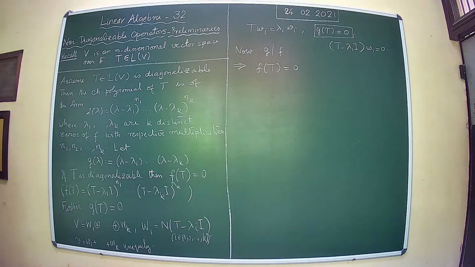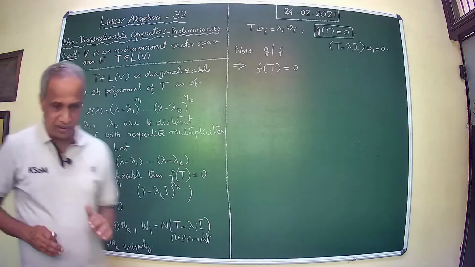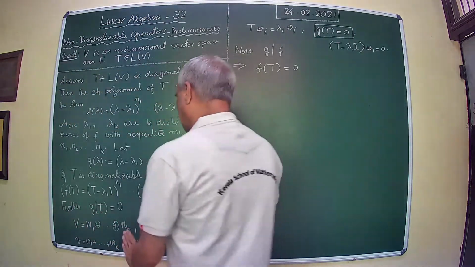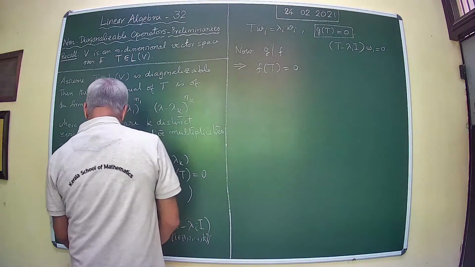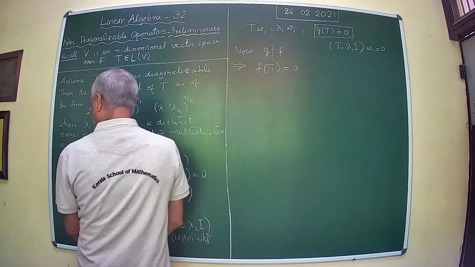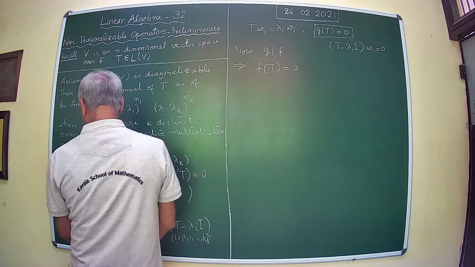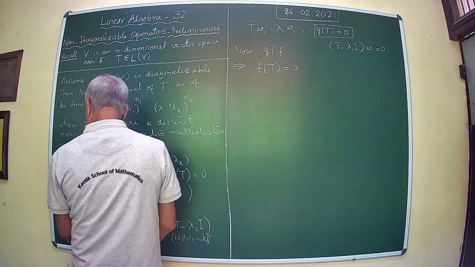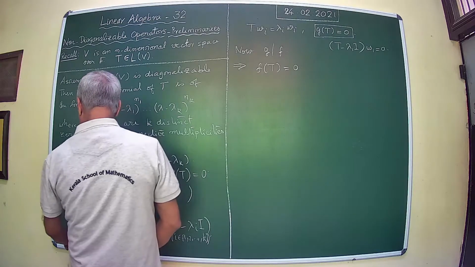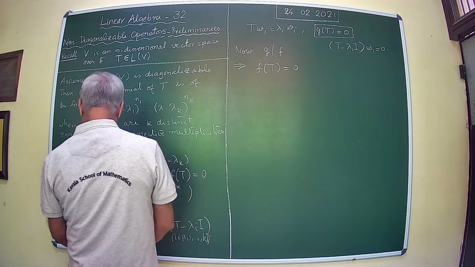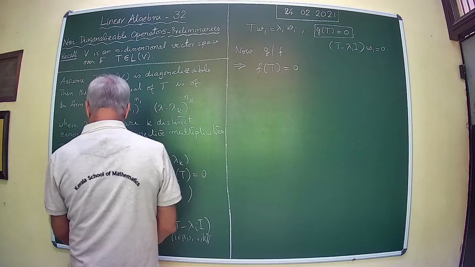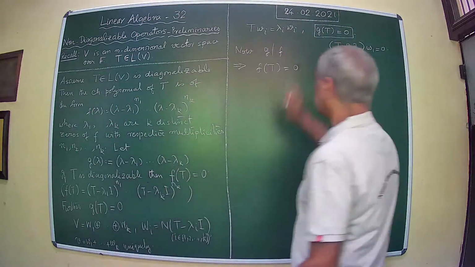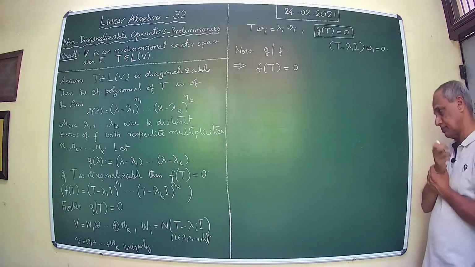But you see that if you carefully analyze what is going on, it is only because W1, W2, ..., Wk are the eigenspaces associated with lambda 1, lambda 2, etc., lambda k respectively, and V is the direct sum of W1, W2, etc., Wk, that we are able to push this argument across.